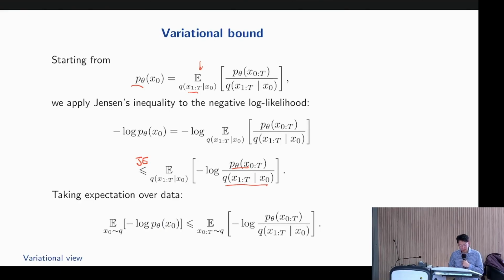Now, taking expectation over data x0, the random variables here are x1, x2, xt, or in short, x1 through t. If I introduce additional random variable x0, we're going to write it as a random variable including x0.